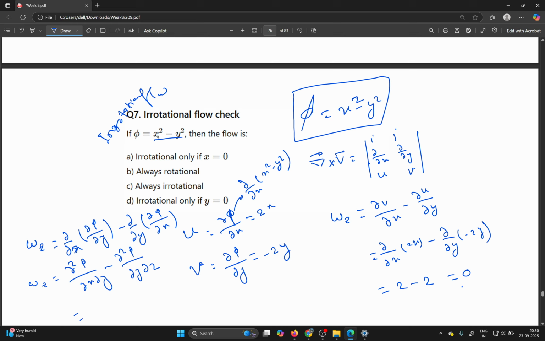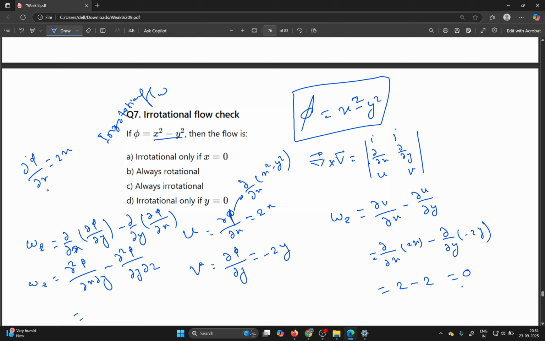So first differentiate with respect to x, so you will get 2x. Here, I want to write del phi by del x, you will get 2x.